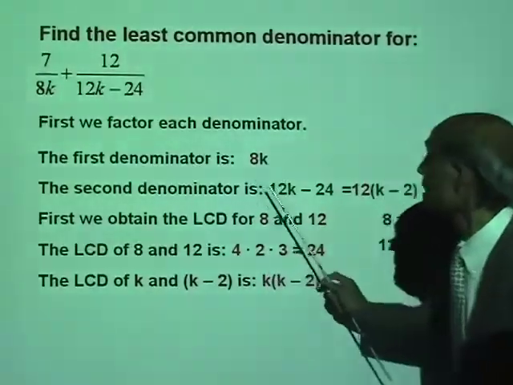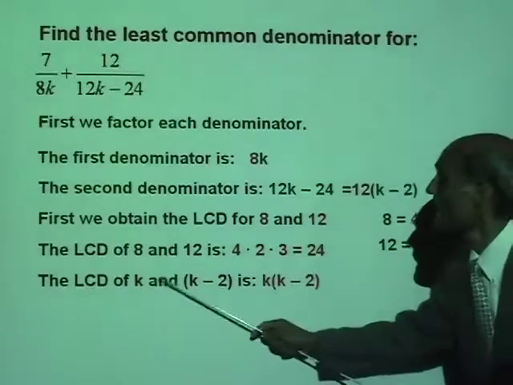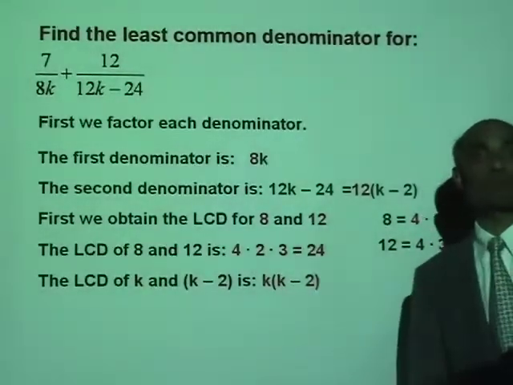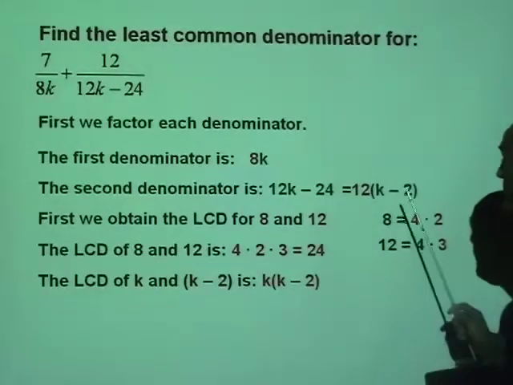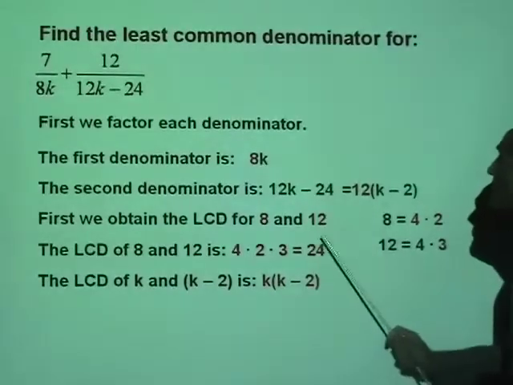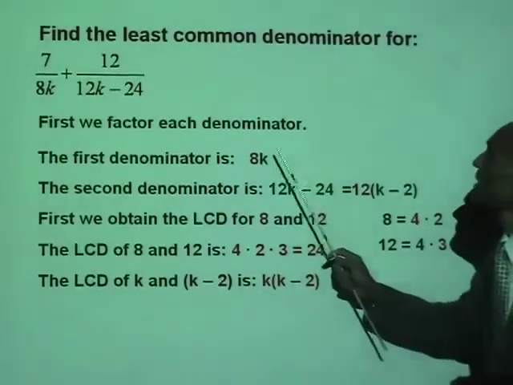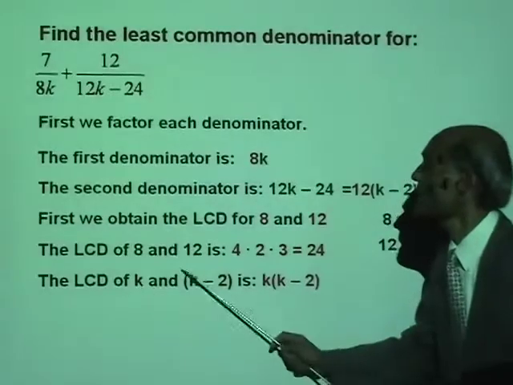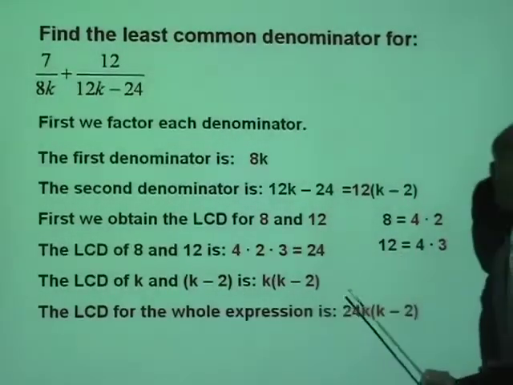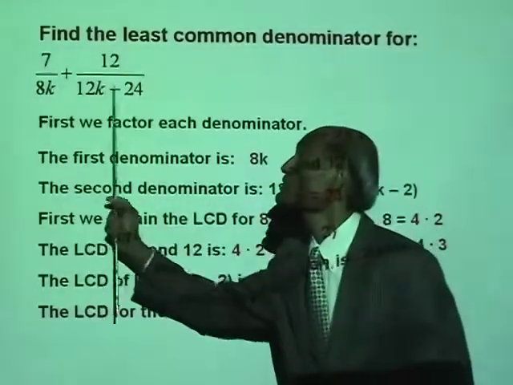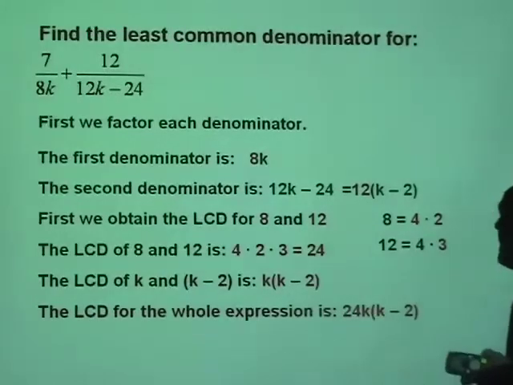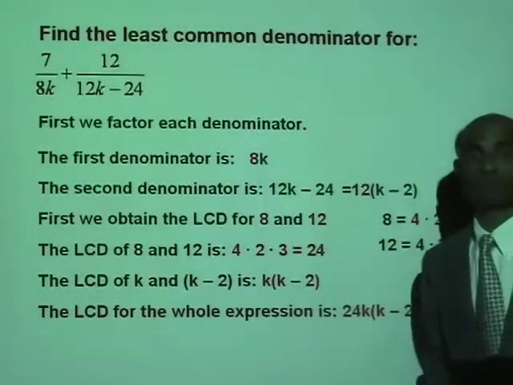So here the LCD of k and k minus 2 is k times k minus 2. Alright, the LCD of 8 and 12 is 24, and the LCD of k and k minus 2 is k times k minus 2. Therefore, the LCD of the two denominators is 24k times k minus 2.